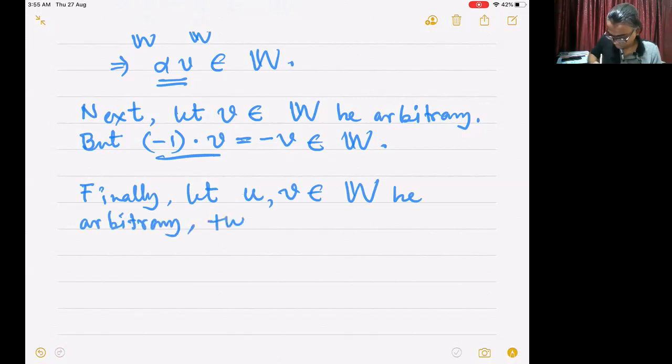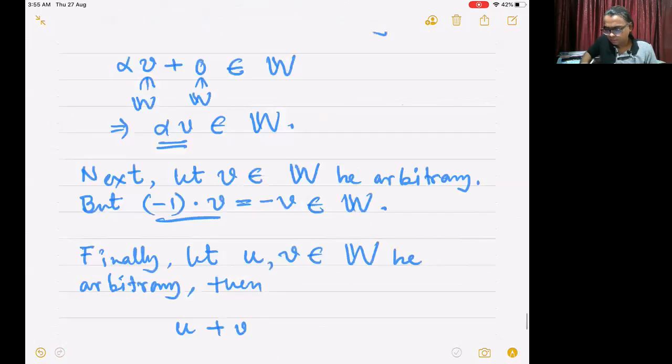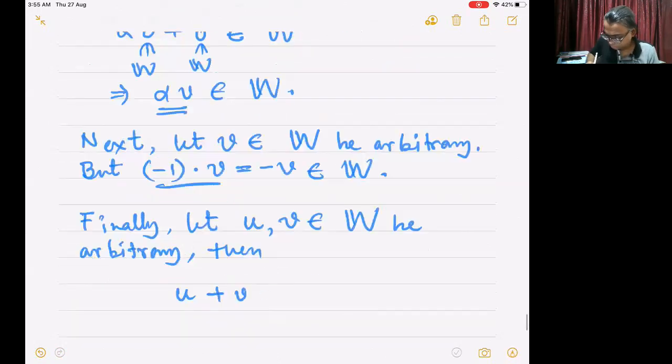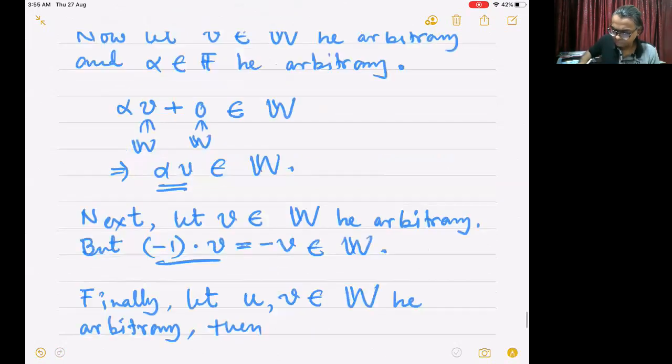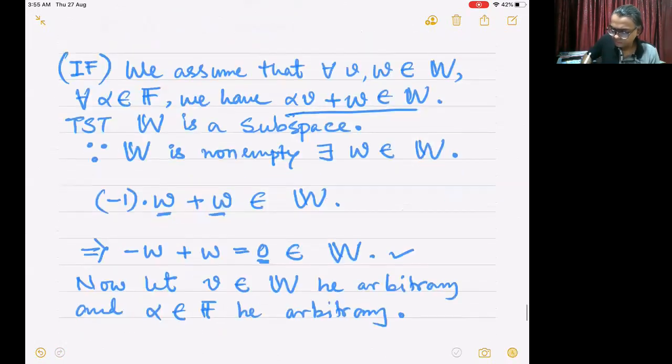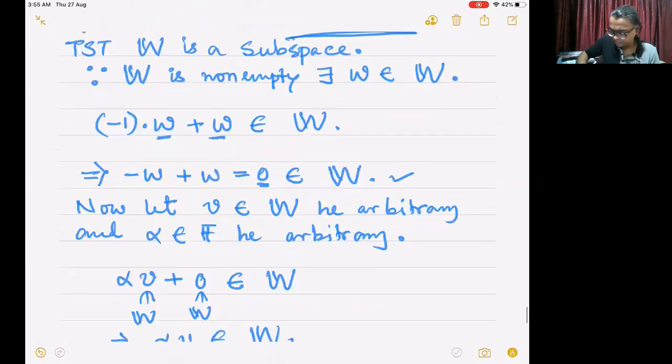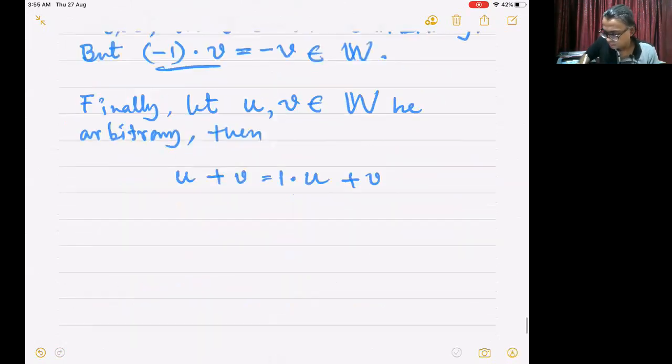Then U plus V is nothing but 1 times U plus V. So this also is something of this form, and we have assumed that such forms are already there in W, which means W is closed under vector addition also.